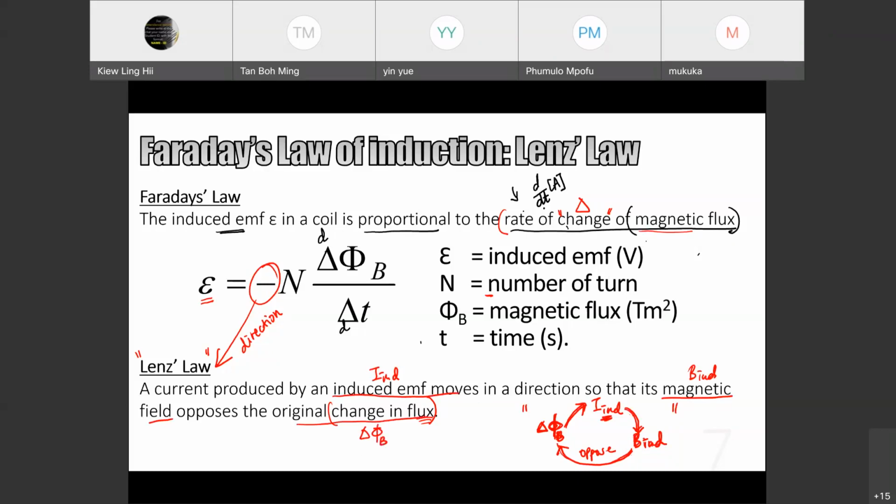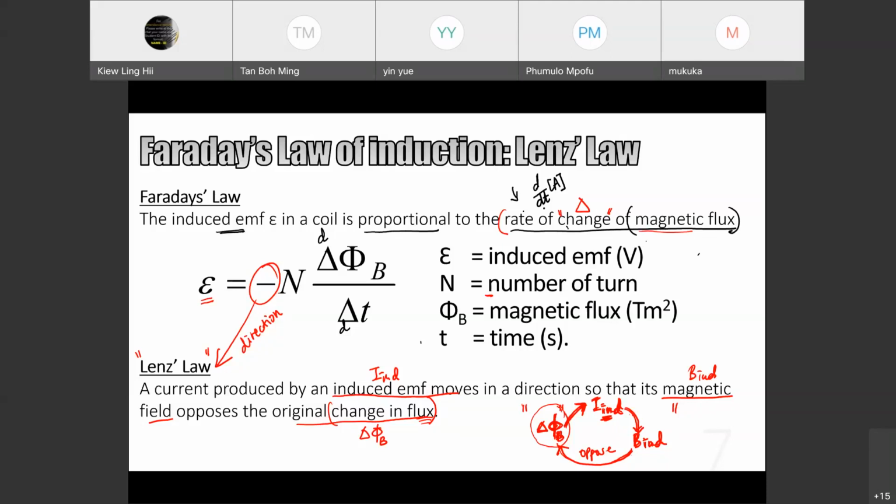Okay, I repeat. From Faraday's law, when there is a change in the magnetic flux, there will be an induced current. But we don't know how the current will move, right? What is the direction of the current? So how do we determine the direction of the current? It actually aims to follow the conservation of energy.